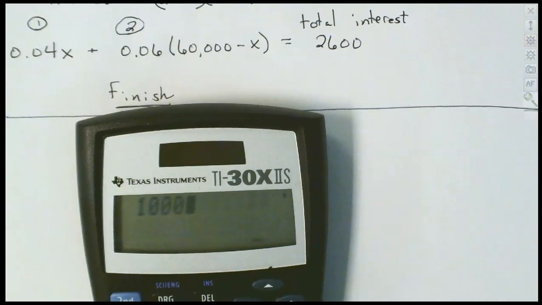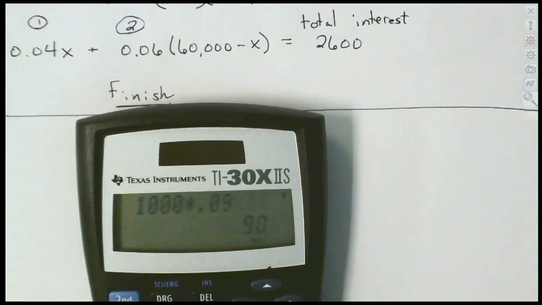That's the price. You would multiply that by 9%, which is 0.09. That is $90. So $90 in tax. And then I add that back to the $1,000, and I end up paying $1,090 total. So does everyone understand how taxes work?